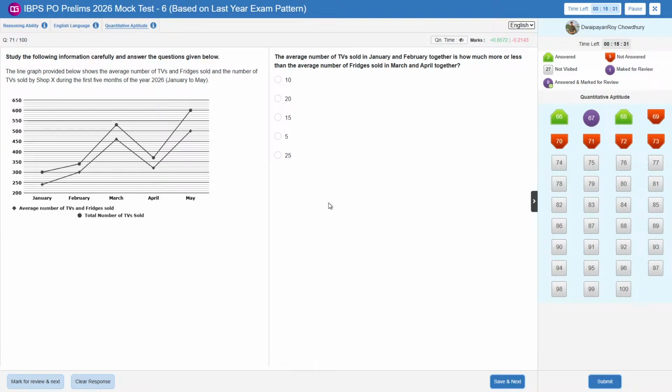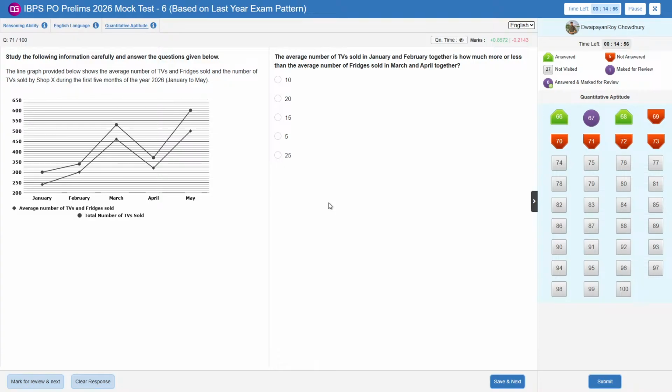And the TVs are 300, 340, 530, 370, 600. So 400, 70, 270, 90, 390, 60, 260, 80, 180.